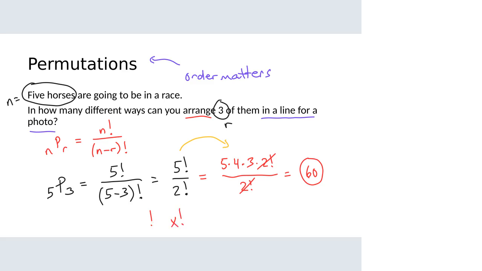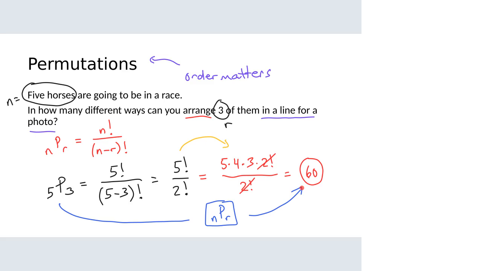You might have an X with an exclamation point on your calculator. I also want to tell you one more thing. Chances are your calculator has a button on it that is nPr. What that button will do is take you from here to here.